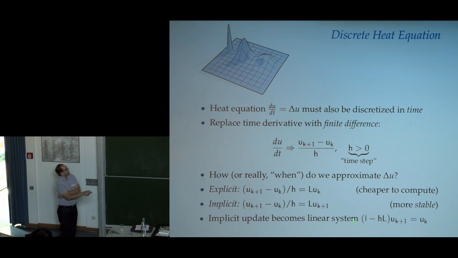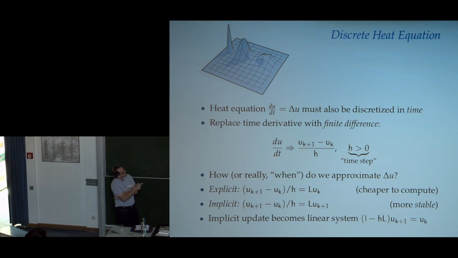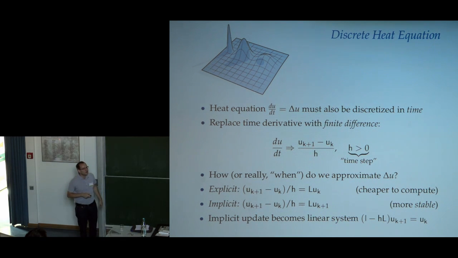Can anyone see why this is more stable? Why is this solve here stable? Does it have a division, or is everything multiplication? Everything is multiplication. Well, I mean, it kind of has a division, right? You're dividing by the matrix when you solve a linear system. But the linear system that you're solving here is a very robust one because this matrix is positive definite.